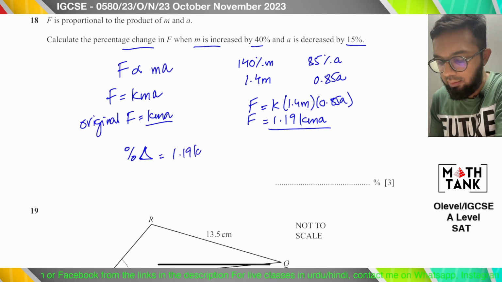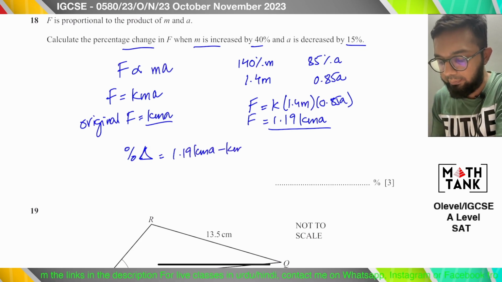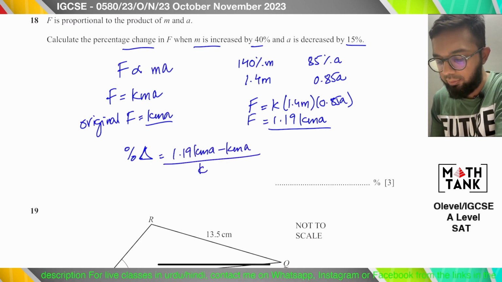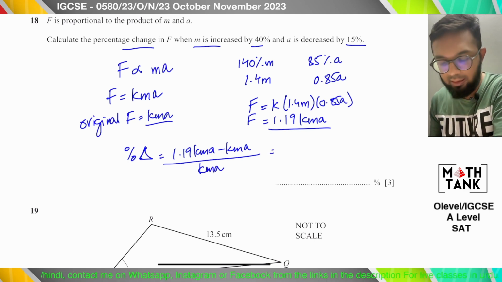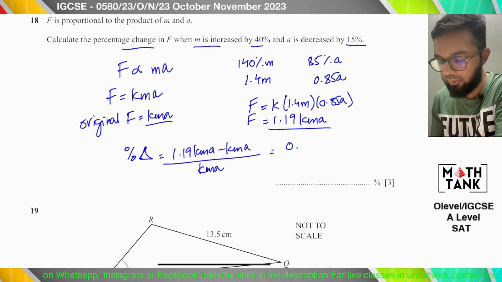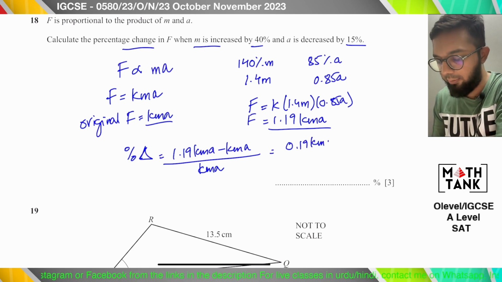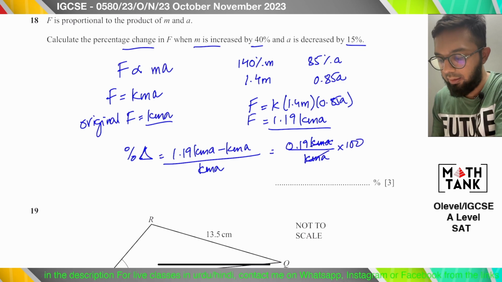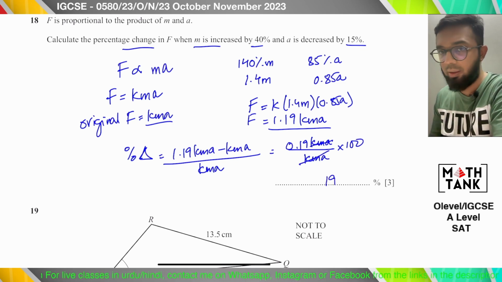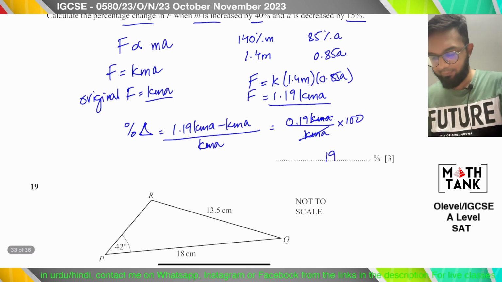Final minus original divided by original. Okay. So 1.19 kMA minus 1 kMA is just 0.19 kMA over kMA, and I need to multiply this by 100. So that gives me 19%. You can also assume numbers and do all of this.